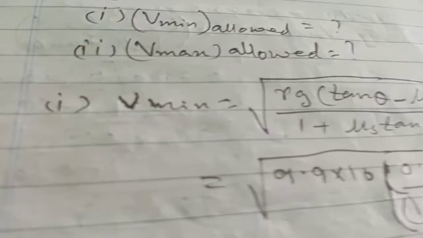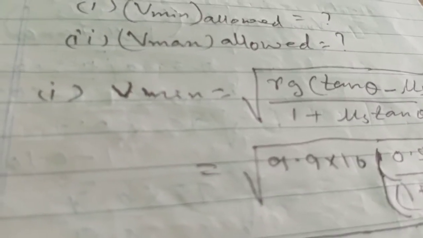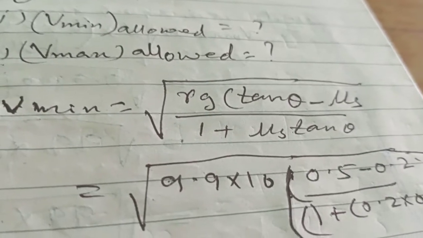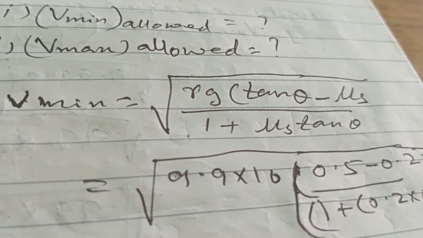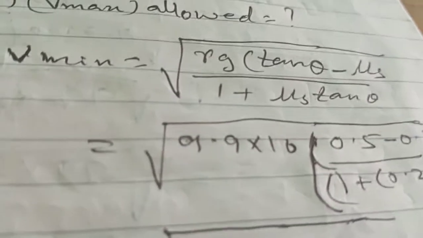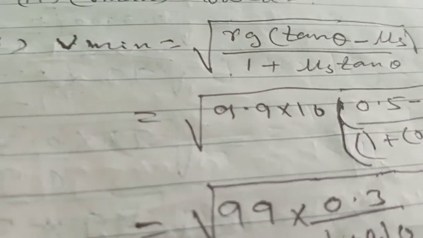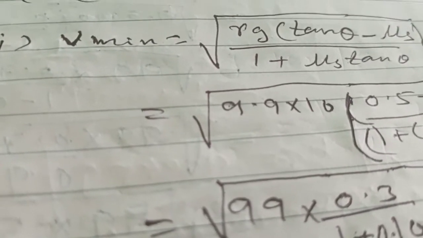From the banking road, the V minimum formula is the square root of R g times (tan theta minus mu s) upon (1 plus mu s tan theta).